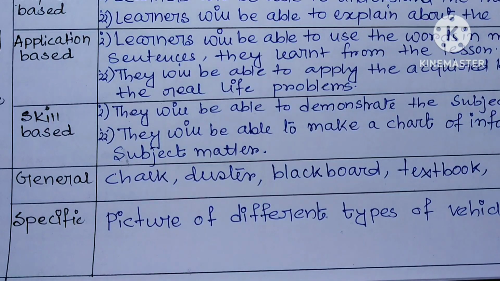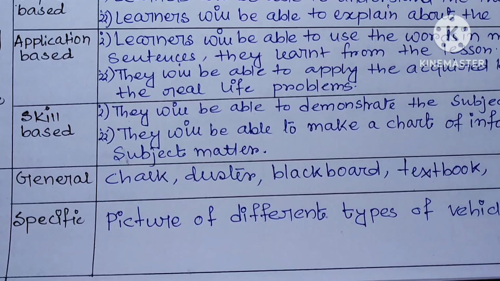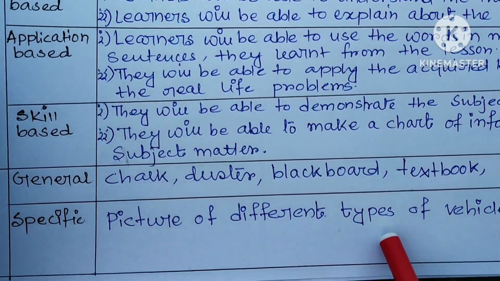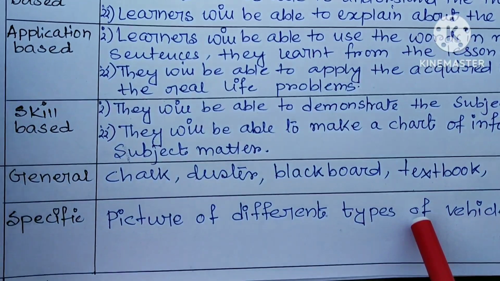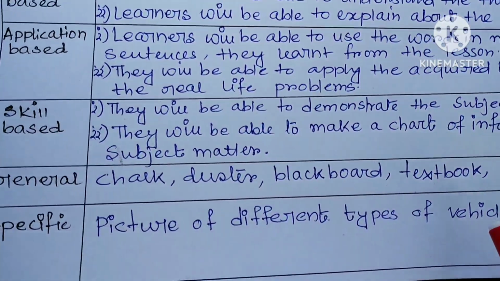Here, as my lesson plan is Moving Around, I write picture of different types of vehicles. If you make a plan on the lesson of animal meeting, then you have to show different types of animals, right?